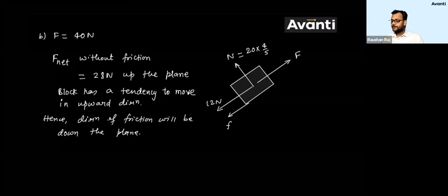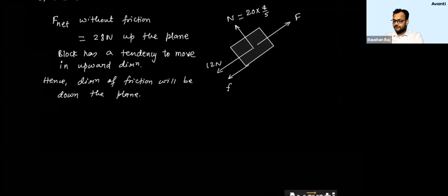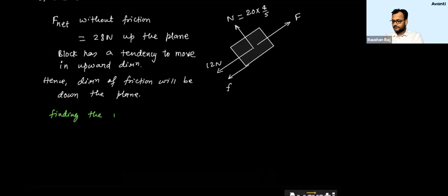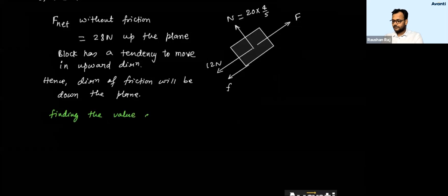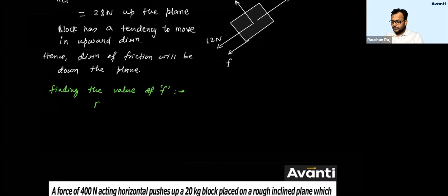समझ में आ गया? अच्छा, now tell me what will be the value of F? अभी हम क्या करने वाले हैं? We are finding out the value of F. Tell me guys, how will I find the value of F? I would say net force is, tell me what is the maximum value of F, bachcha log?